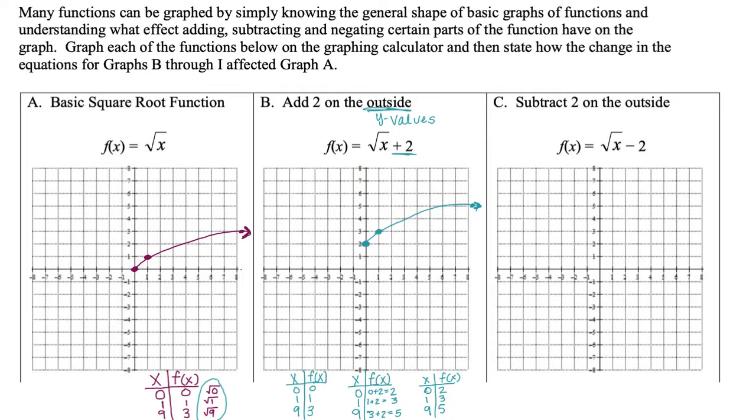Now we have -2, and so what you're going to do is subtract 2 now on the outside.